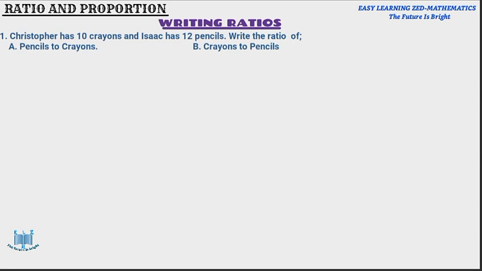Like in A, we are told to write the ratio which is pencils to crayons. That means we start with the number of pencils, then later on we write the number of crayons. So in the statement, how many pencils have been mentioned? 12 pencils. It is said that Isaac has 12 pencils, so we're going to write 12.